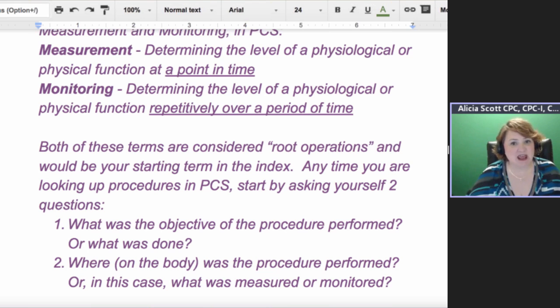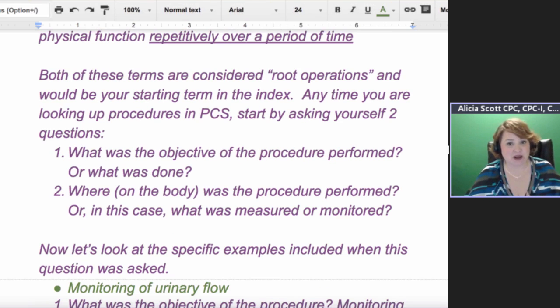We've got some examples of measurement and monitoring that you may not have thought of as falling into that category. What you have to do first is get the root operation. That's what they call it in PCS, or I would say the key term, and from that point you put your blocks together to build the code and expand it out.